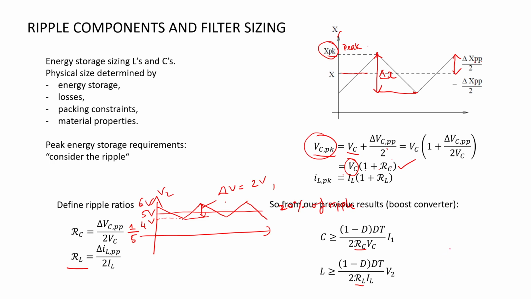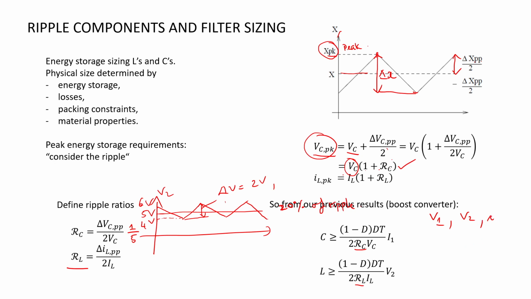So the process to calculate filter size is like this. First, you know the source that you have, V1, and you know the operating voltage of the load, V2. Then you need to know the current, or maybe you know the power first, or the current at the load first.